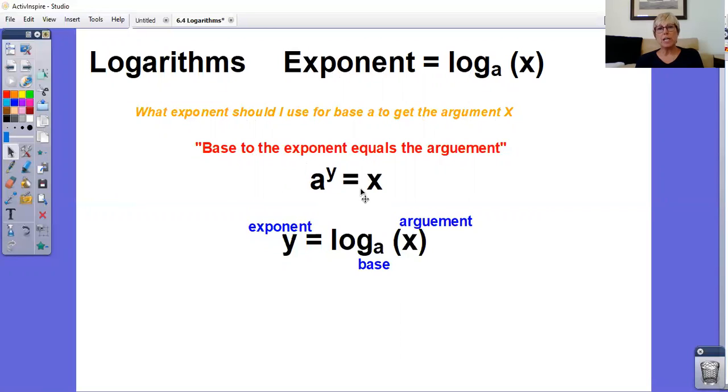And if I want to change the exponential form to logarithmic form, I just say base to the exponent equals the argument. So base is a, and that goes in the base position. Exponent is the answer, equals the argument. And the argument is what the log base a is working on.